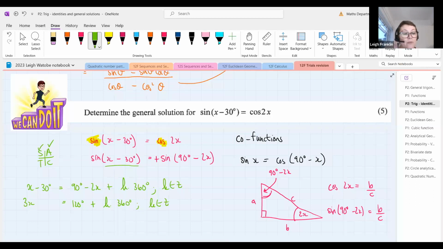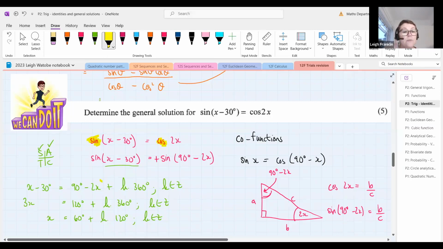And dividing through by 3, I'd get x equals 60 plus k times 120, k is an element of the integers. Are we happy with that? Okay, so I transposed. I took the minus 2x over to the other side.